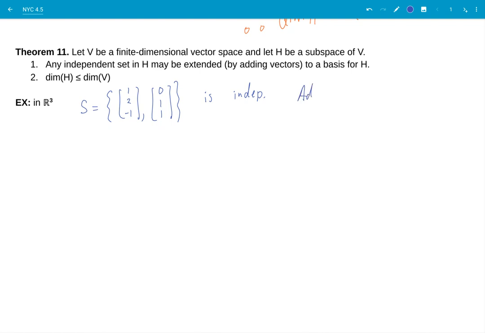So I'm going to add something. What I'm thinking here is, well, if I go (0, 0, 1), that'll give me this set.